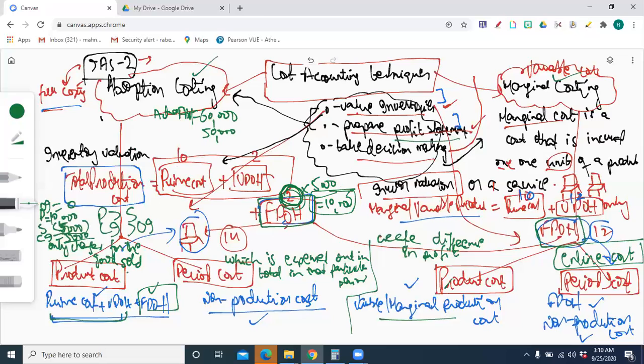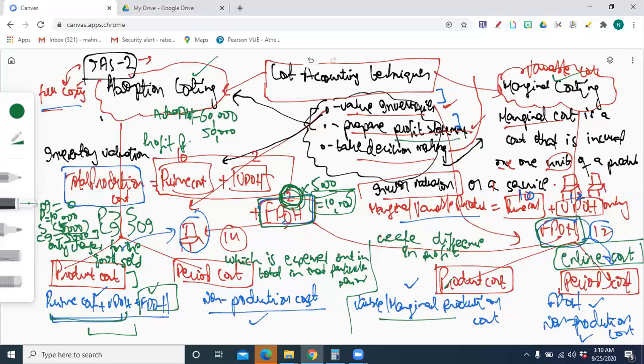The matching concept applies here. Revenue is for 5,000 units only, so we have to match our income to our cost. For only 5,000 units the product cost would be charged, and for the 5,000 units sitting in the inventory, that 10,000 cost won't be charged.